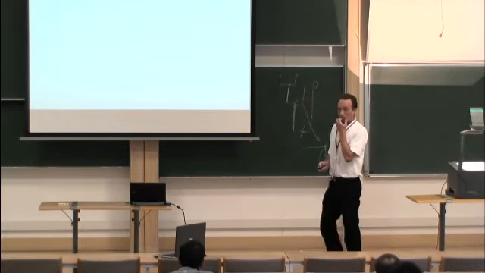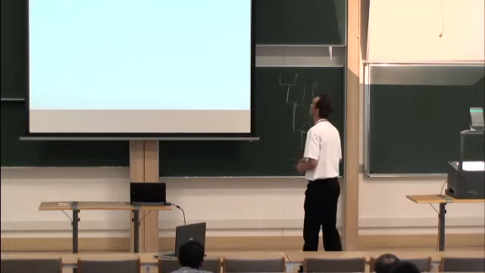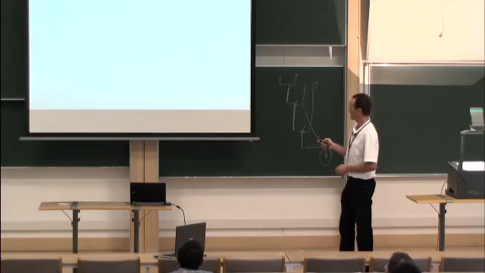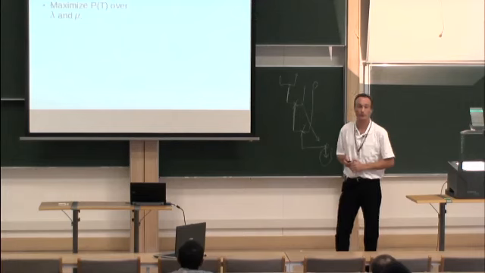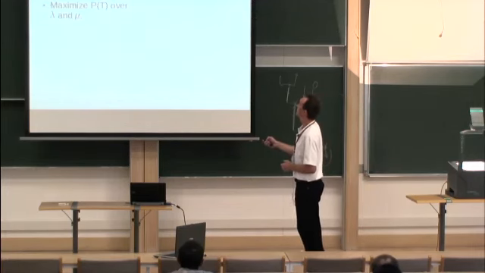So now the idea of trying to estimate the speciation and extinction rates given this tree is that I have my speciation times, which I can just get from the tree. As I said, we use this formula, this tree probability, but conditioned on basically t0 and n. And now, if I want to derive the values for lambda and mu, I maximize this tree probability given the speciation times over lambda and mu.